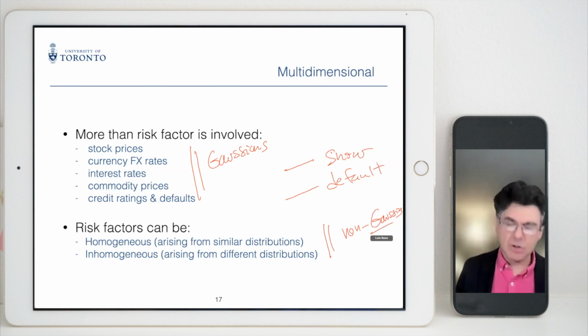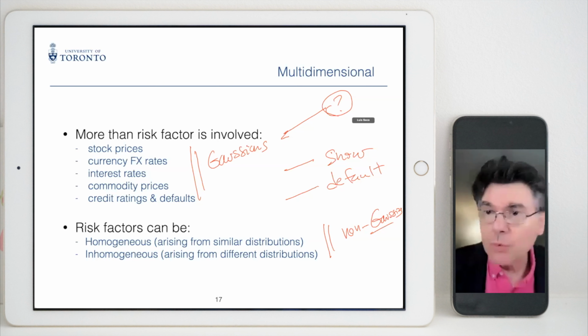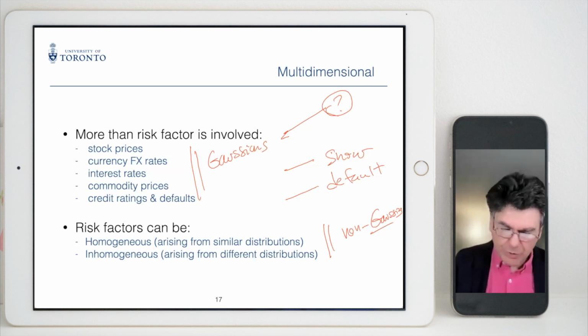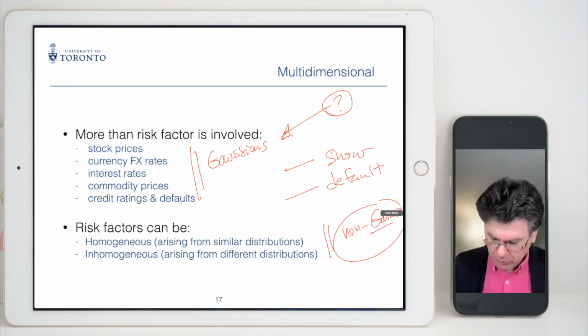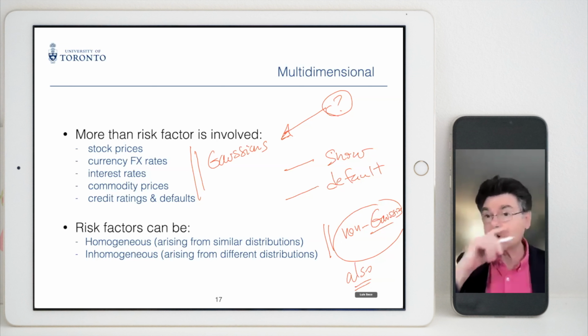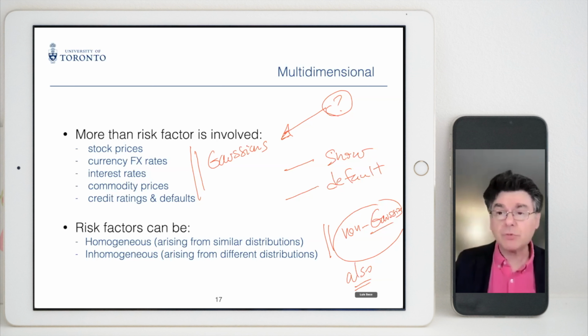Non-Gaussians. Last week we saw how to do this, but I will repeat that next week. And when we do that, if I have time, I will show you how to do this also, okay? Also do this next week. So that's what we're doing. We're solving these 2 questions. How do we generate these scenarios?